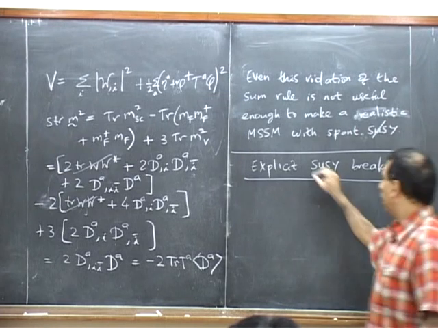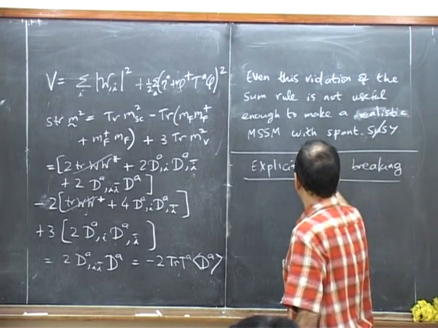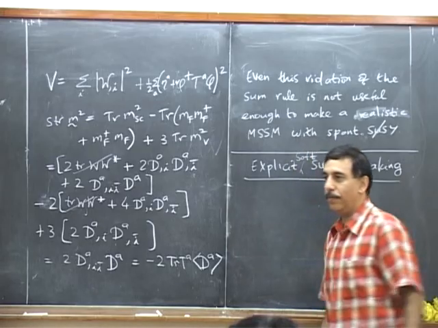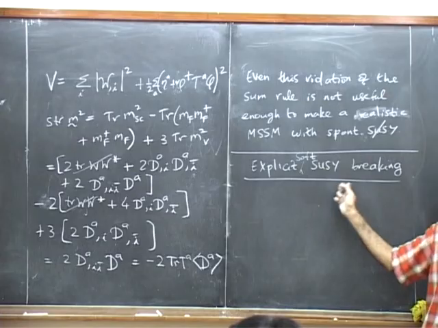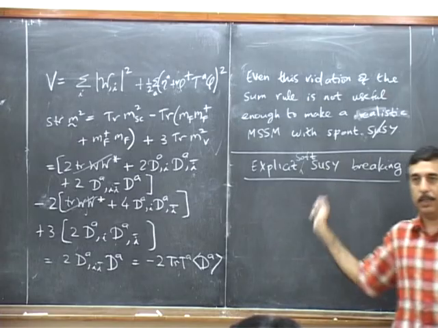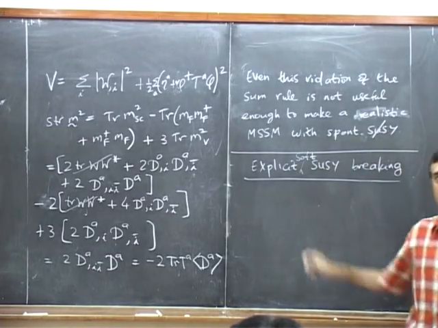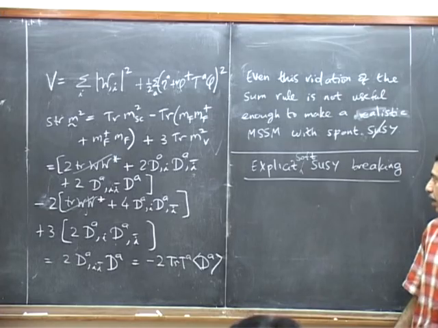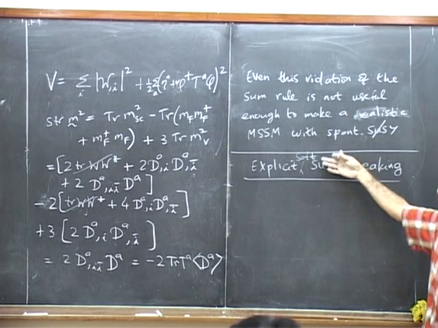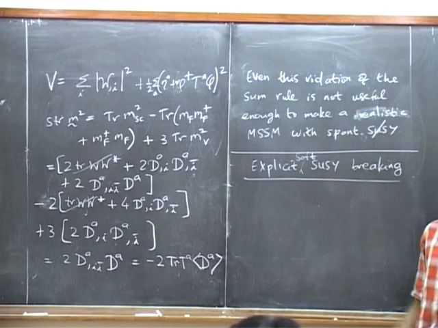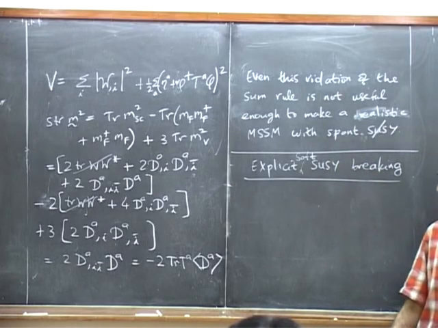And it will turn out that this is achieved if we do what is called soft supersymmetry breaking, which is that we add a certain class of terms and no others. It's a little bit subtle to define what soft is, but I'll do so in a moment. The other good thing about this, so this is constrained by trying not to spoil the effects of supersymmetry.